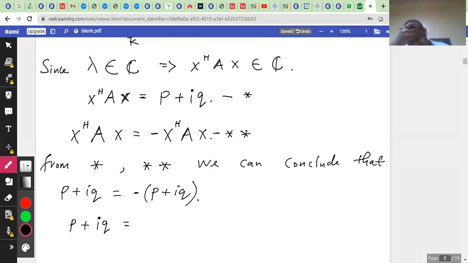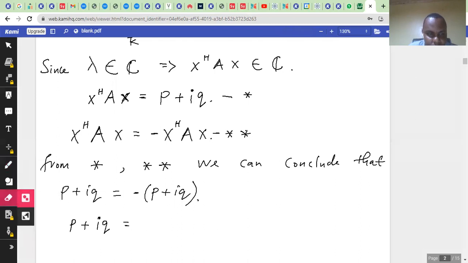Something is missing. Oh, I missed minus iq. I missed a very important step.